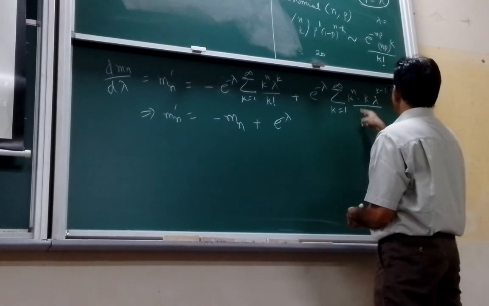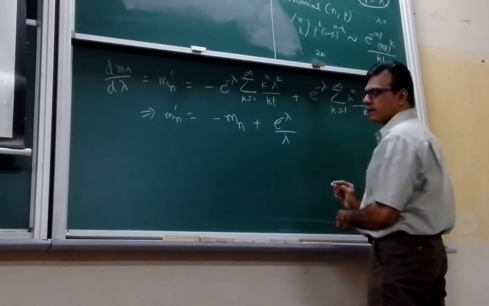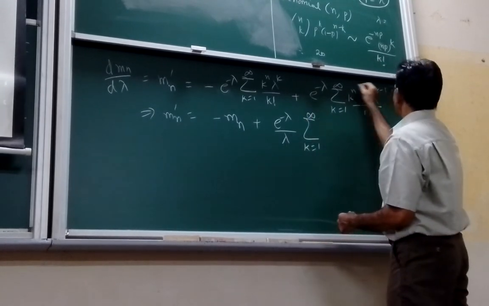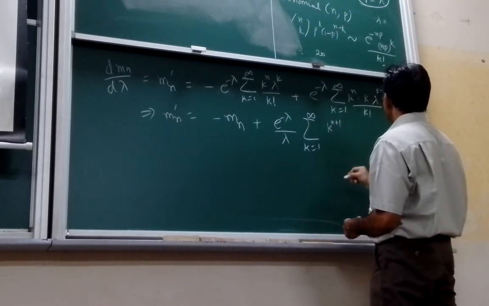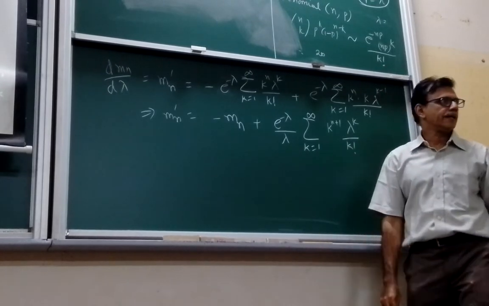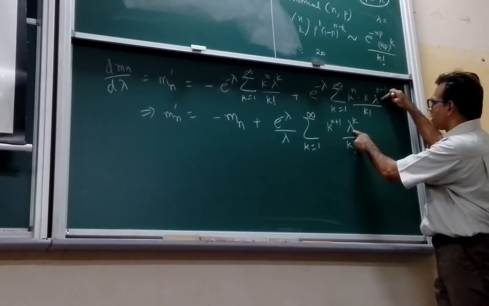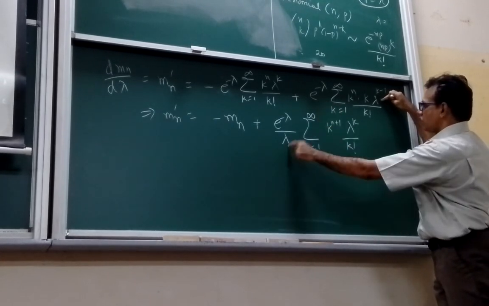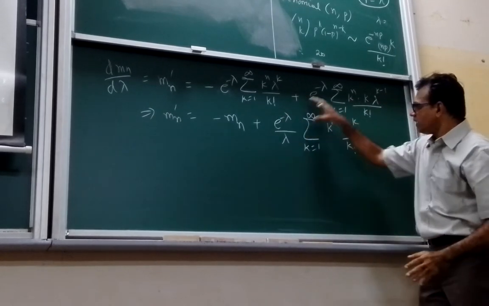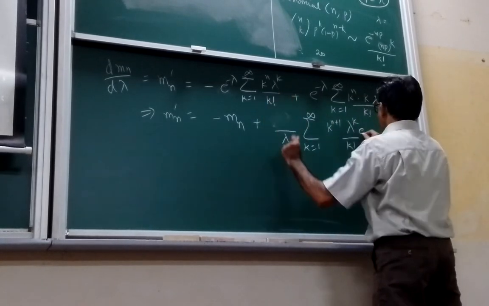So now what we will do is divide by lambda and then multiply by another lambda. This is k power n plus 1 into lambda power k by k factorial. Clear? So lambda becomes lambda power k, everything else remains the same.